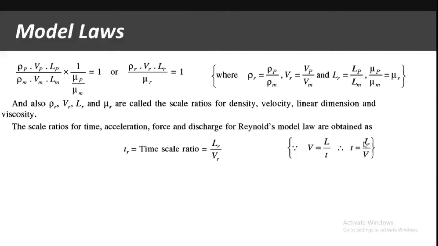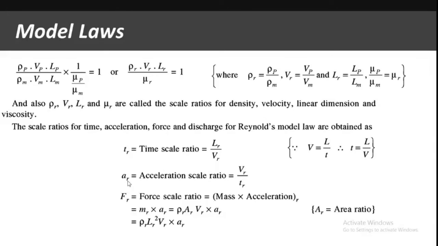So you take the length ratio, that means length of prototype upon length of model, divided by velocity of prototype upon velocity of model. So length ratio upon velocity ratio gives you the time ratio. Similarly, acceleration ratio is velocity upon time, so velocity ratio upon time ratio is the acceleration ratio.